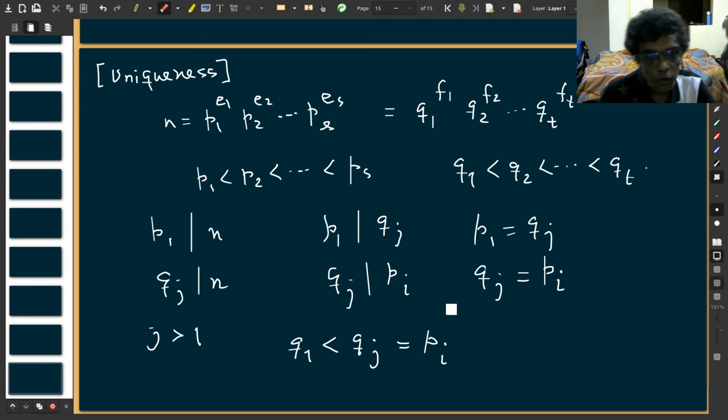Actually, what I want to show is that this j is equal to 1. Without that, there is a problem. It's just playing with inequalities.